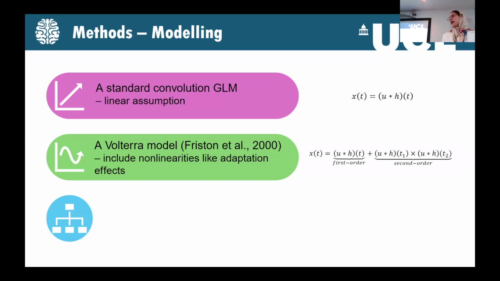This model embraces nonlinear temporal effects and allows us to model interactions between closely spaced stimuli and also effects like adaptation. It uses a first order kernel, which captures the HRF shape, and a second order kernel, which allows for modeling the changes in the neural response due to the stimulus history.